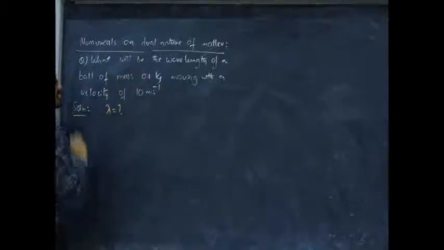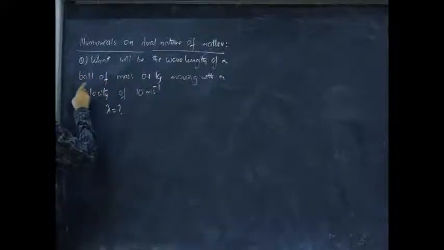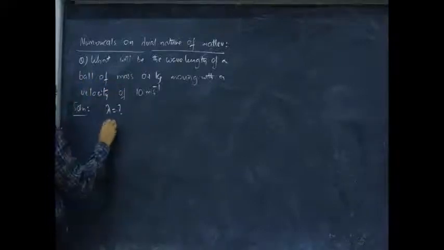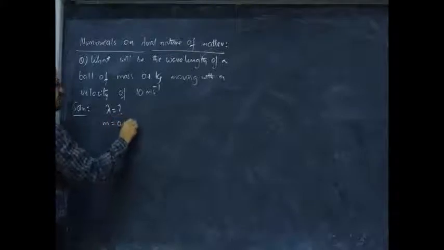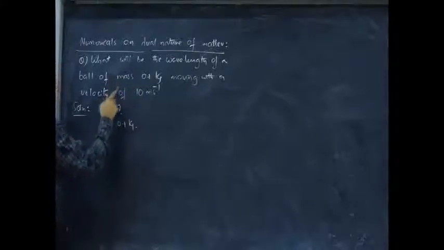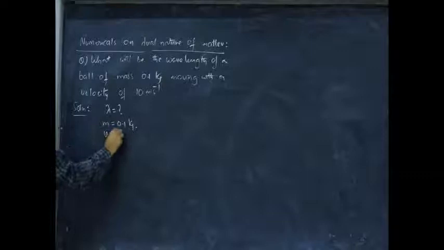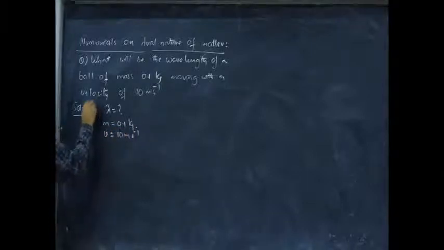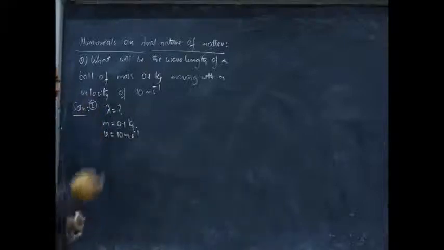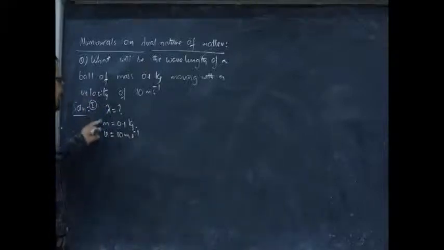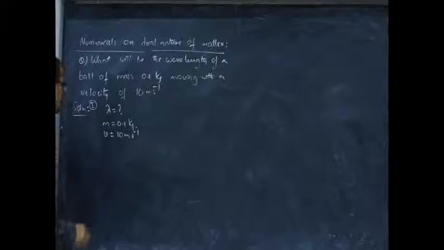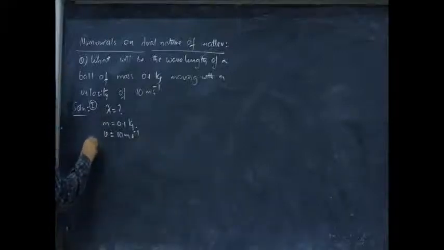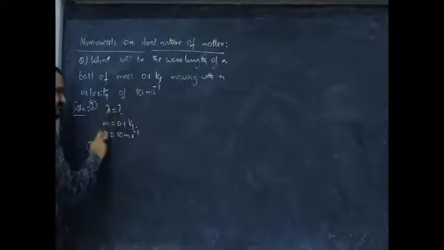The mass is given as 0.1 kg and the velocity is 10 meters per second. This is stage 1. In a board exam there are 4 stages. Stage 1 is what is given and what is asked. Stage 2 is the relation between the given value and the asked value: what is the formula between them?